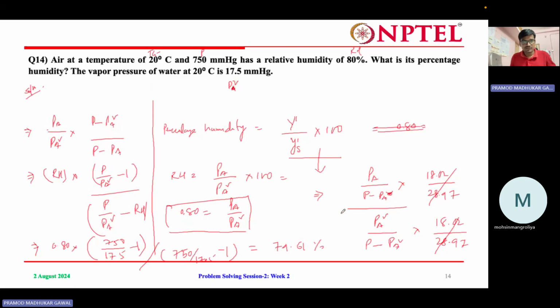So 79.61 is the percentage of humidity. Clear or not?